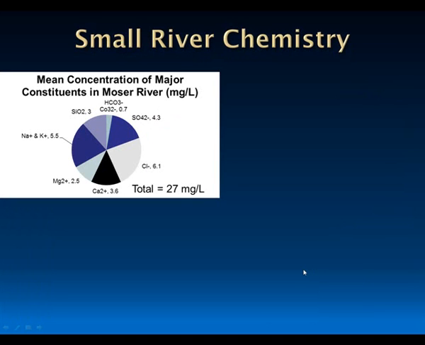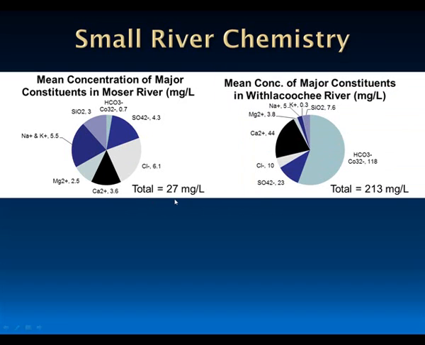Whereas if we look at small watersheds, for example, the Mosier River in Nova Scotia, we have relatively low total dissolved solids. And if we look at this, it is a relatively hard, highly insoluble rock and relatively low total dissolved solids. Whereas if we look at the Withlacoochee River in Florida, we have higher total dissolved solids, higher than that world average in large rivers, and we can see that we're dominated, as the world's large rivers are, by bicarbonate, carbonate.